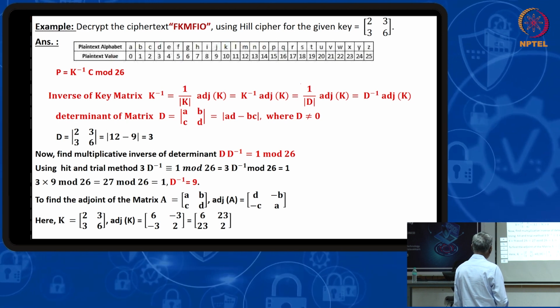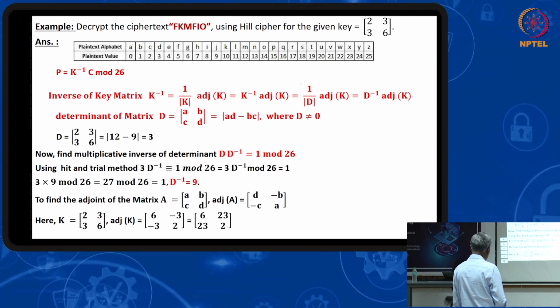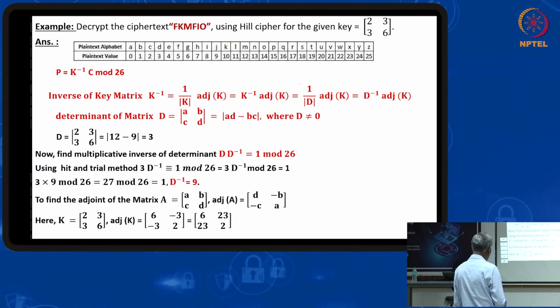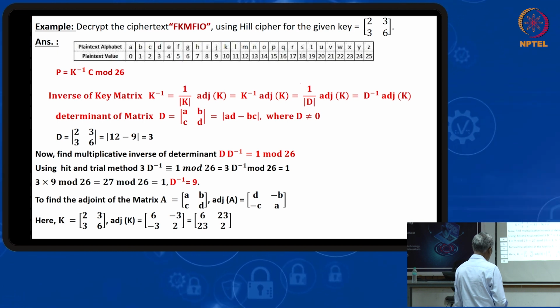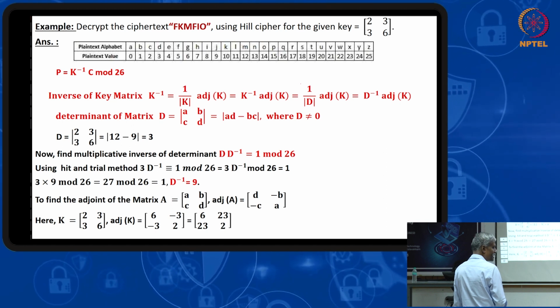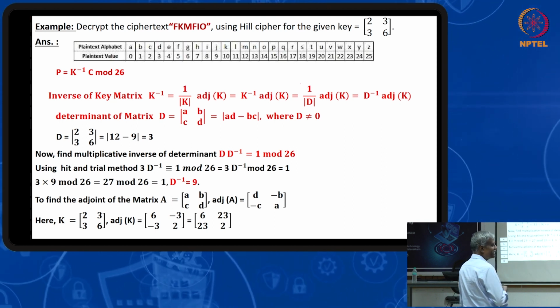Using this formula only, ABCD is transformed to D, minus B, minus C, A. So from this to this is the transfer.